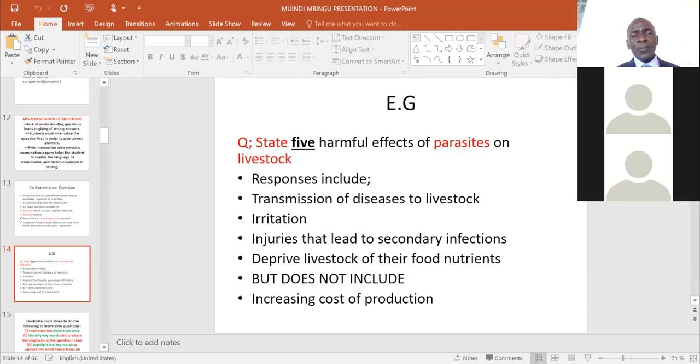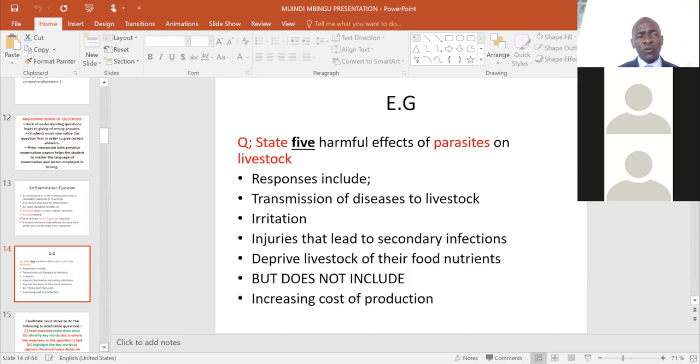The parasites also deprive livestock of their food nutrients, some of them, of course. But take note that increasing cost of production is not a response to this question, because that one is not affecting the livestock, as the question says. So take note of that.